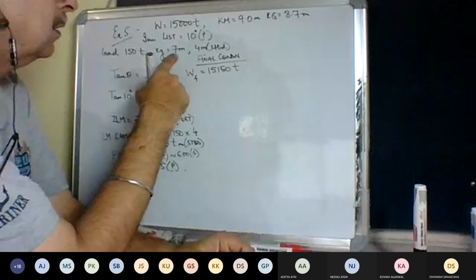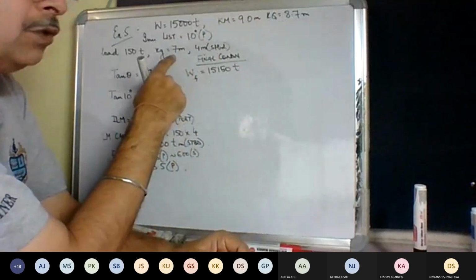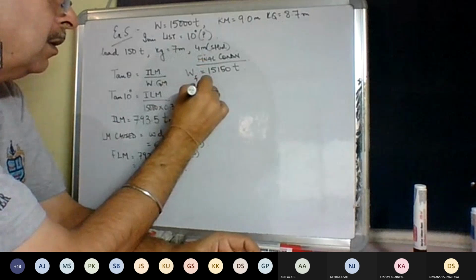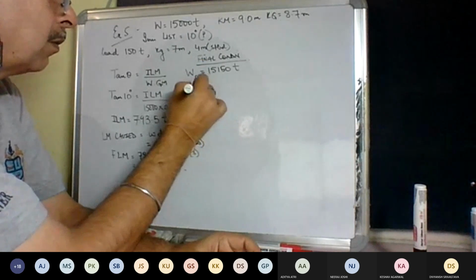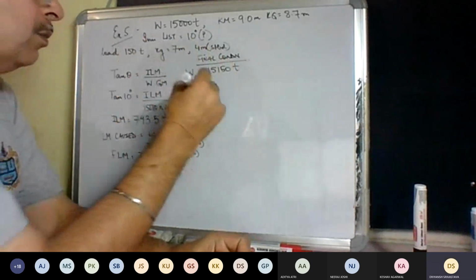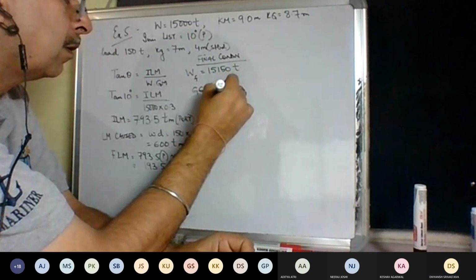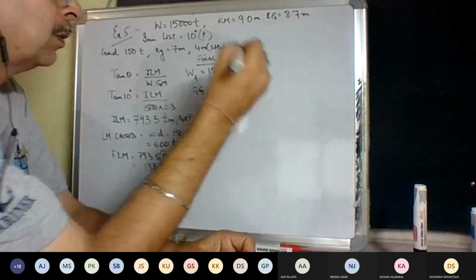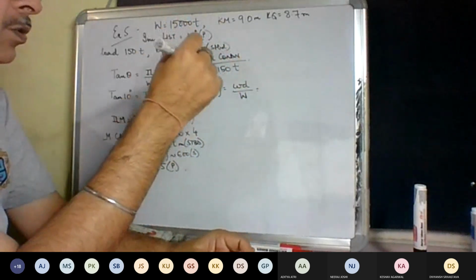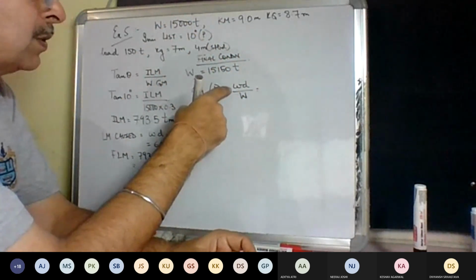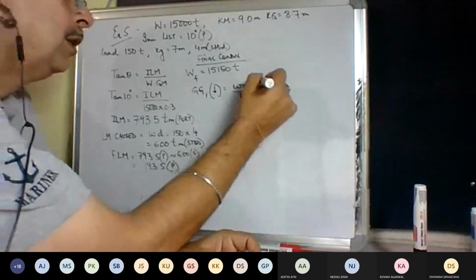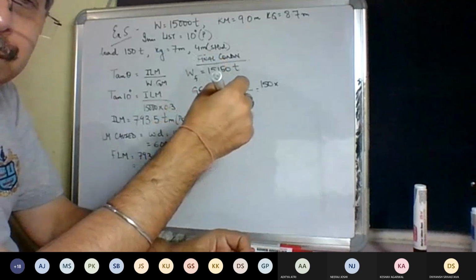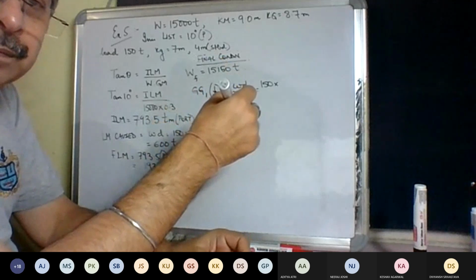I am loading below my KG of the ship. So GG1 will go in which direction? Sir, downwards. Downwards. WD by W. So GG1 is downwards is equal to small w 150 into D. How much will be the D?